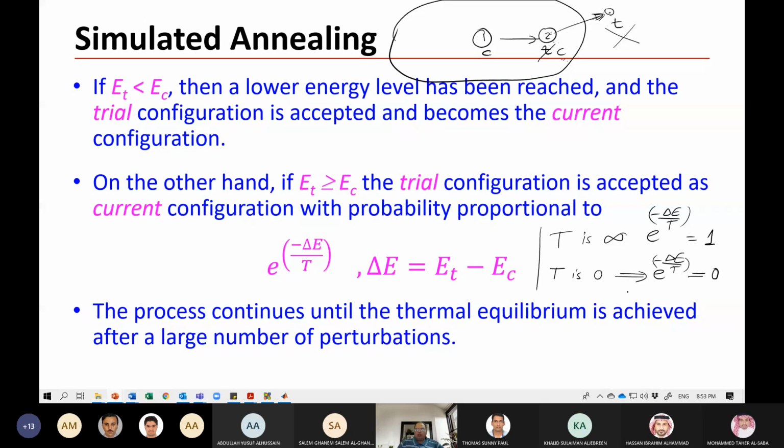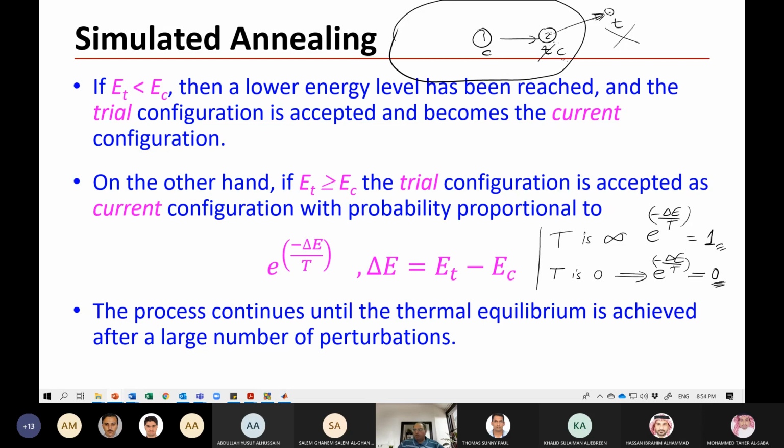So if T becomes very small, when you cool the metal or material down, the probability of accepting the higher energy configuration becomes very, very low. And at the beginning, when T is very high, you can accept the high energy configuration.